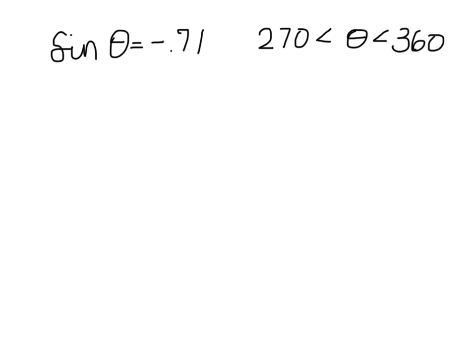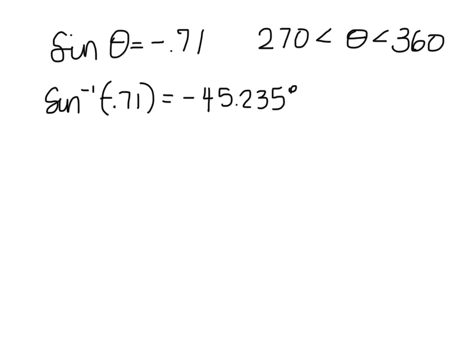So if I put inverse sine of negative 0.71 in my calculator, I get negative 45.235 degrees. But that's not an angle between 270 and 360.